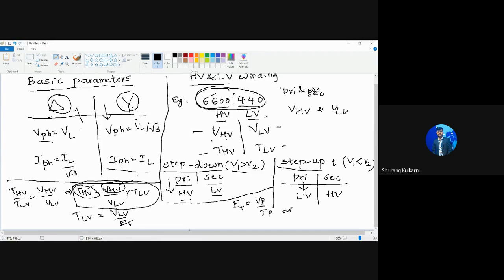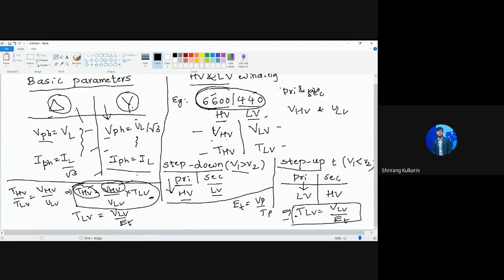So TLV is equal to VLV by ET. These two formulas are important: THV calculation and TLV calculation, along with these relations. Total 6 formulas are important.